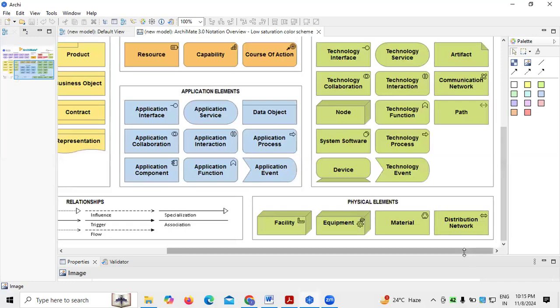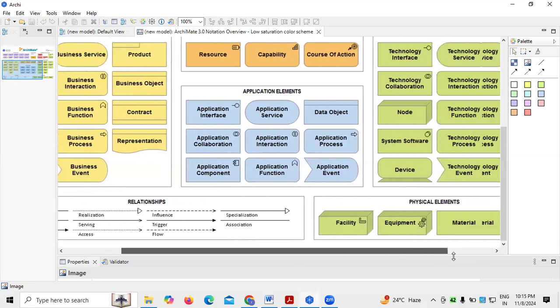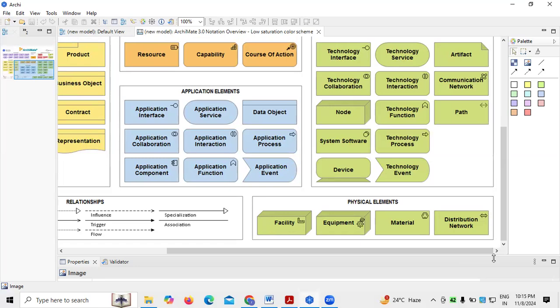Last but not least, physical elements. This is something required. Physical elements majorly focus on the kind of facility you are providing. I'm talking about the infrastructure facility we are providing, followed by the kind of equipment essentially required to use it. What are the different materials required to establish an enterprise architecture itself?